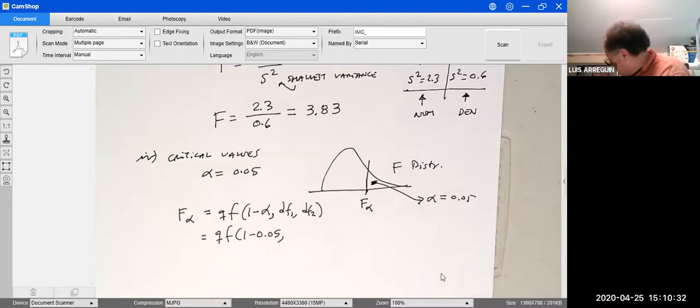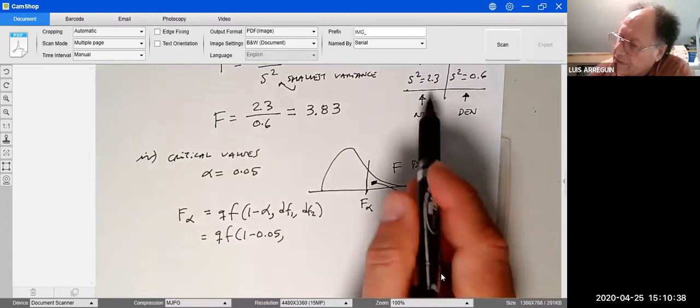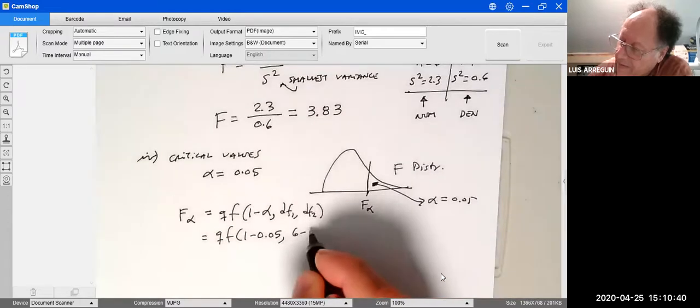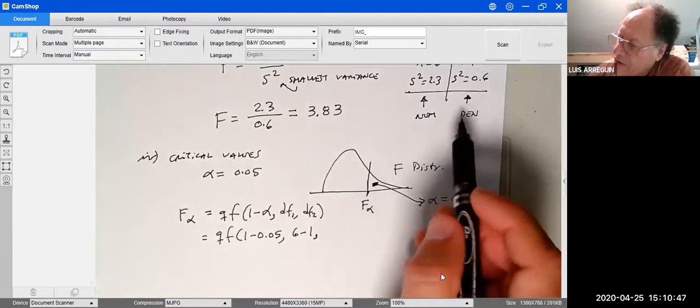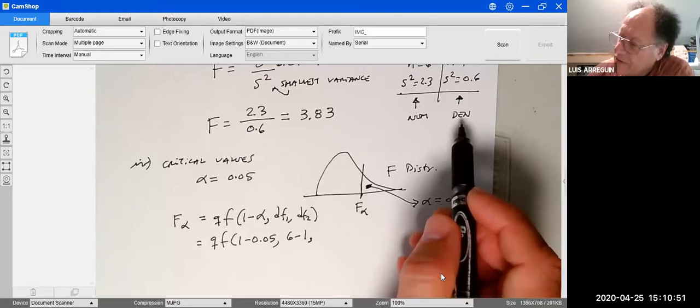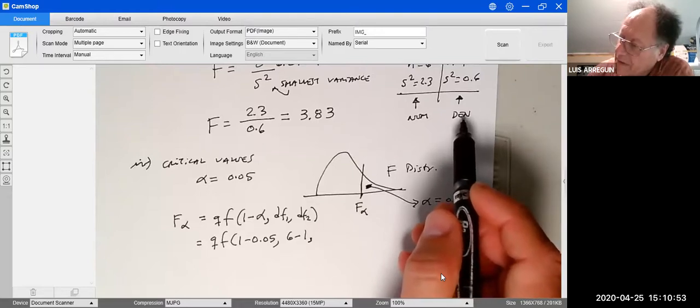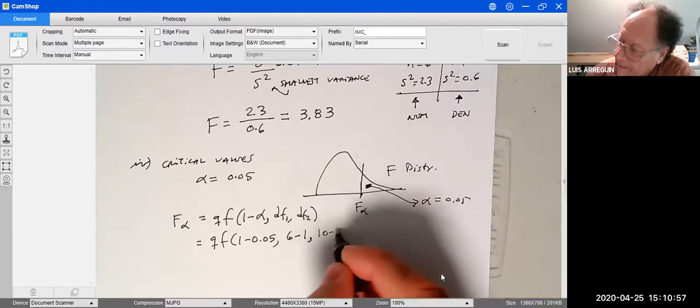Then the degrees of freedom from the sample corresponding to the numerator: 6 minus 1. Then the degrees of freedom corresponding to the sample of the denominator, in this case 10 minus 1.